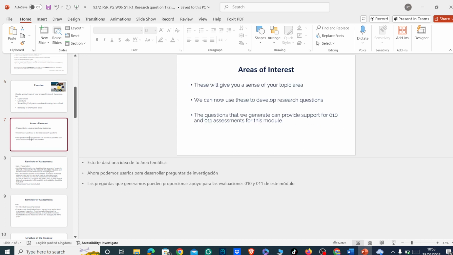All right, so thinking about this area of interest will give you a sense of where to start. And I think those of you who are a bit further on in this process have found you search for something, you read that thing, you think, that's interesting, I wonder what, and you go down there, and then you see something and you go down there, and then maybe you come back and you're kind of circling around, but all the time you're getting more information, you're finding out more things, and it's helping you to give a sense of what's going on and use that to develop questions.